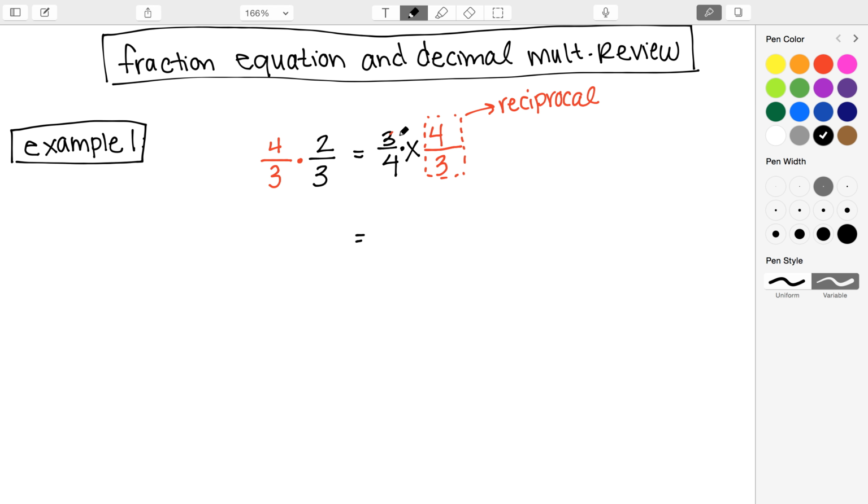So now I'm going to get the 3 and the 3. Those cancel. The 4 and the 4. Those cancel. So I'm left just with x. On this side, this becomes 4 times 2, which is 8. In the denominator, I have 3 times 3, which is 9. So my answer is x equals 8/9.